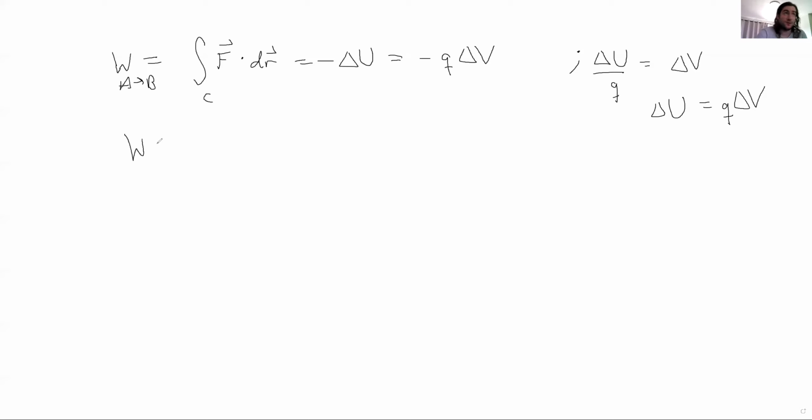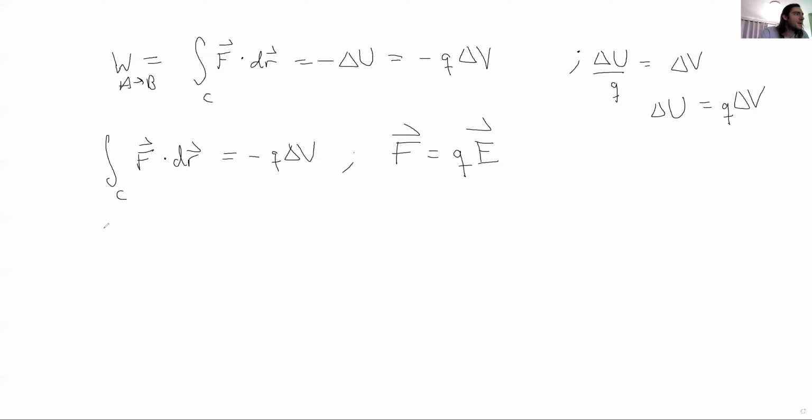Carrying on from there, we can take this integral expression and set it equal to minus Q times delta V. So here we have force dotted with displacement vector, integrated over some curve, equal to minus Q times delta V. But we know that the electric force is always given as the charge Q times the electric field that the charge is in, Q times E. What that allows us to do is cancel the Q on both sides.